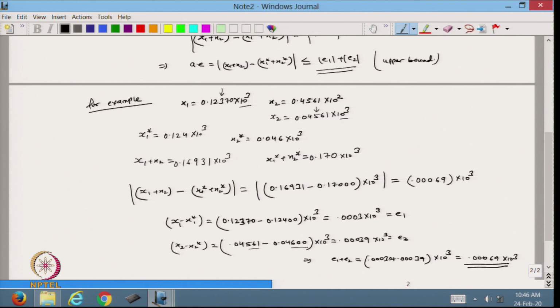So that is the maximum error it can have when we do the addition. So that is the answer we have. So that is the error in the term x1 plus x2. So I think this calculation is okay and we can move further. So this is the addition we have done and we got this error in the addition.